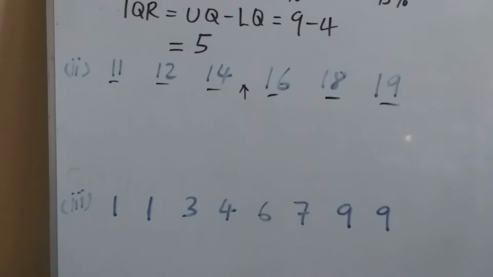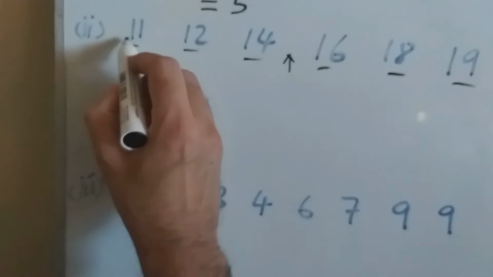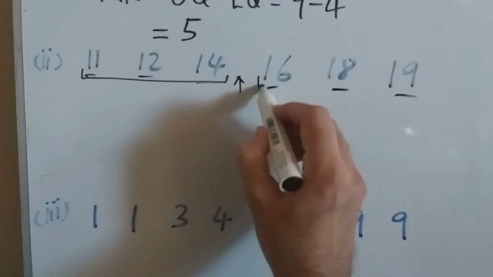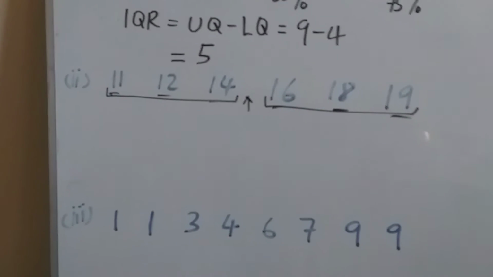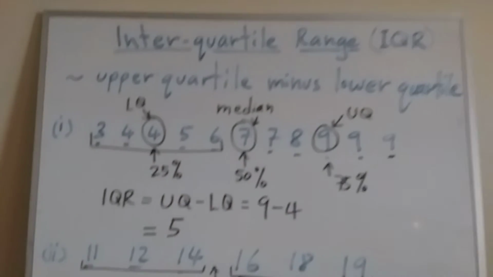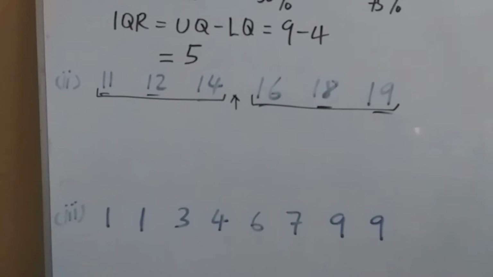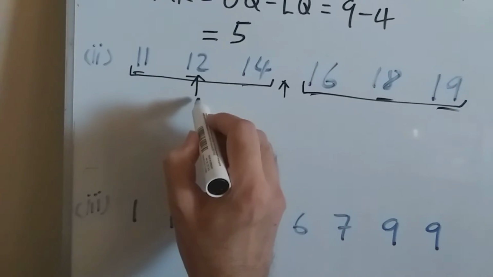We don't have to find the value of the median. But now we know that those 3 numbers are the lower half and those numbers are the upper half. We're not finding the median because the objective is to find the interquartile range. So for this set of values, the lower quartile, the 25th percentile, is 12.